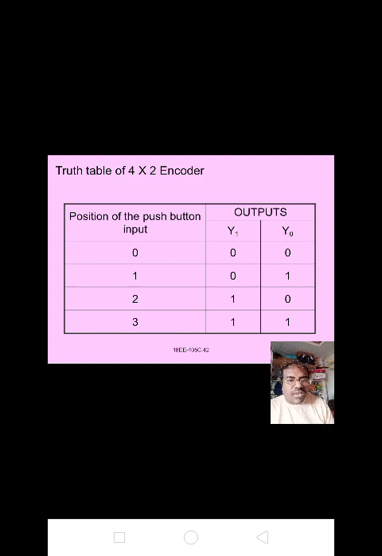Outputs for that we get with the help of the OR gates. That OR gate is having the outputs y1, y0. Now the outputs for push button 0 is 0, 0. For 1 it is 0, 1. For 2 it is 1, 0. For 3 it is 1, 1. Most important one, truth table of 4 into 2 encoder.